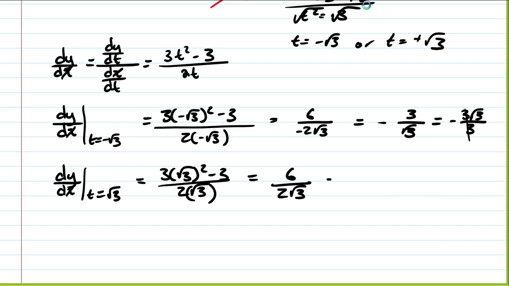We do some similar manipulation over here. Rationalize, 3 root 3 over 3. Our 3's reduce out, and we get the positive square root of 3.